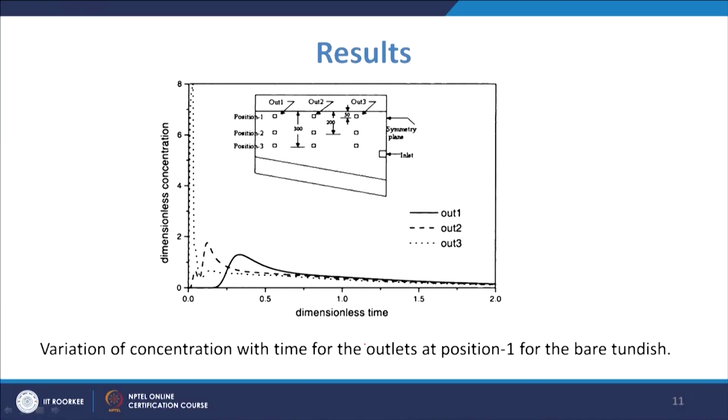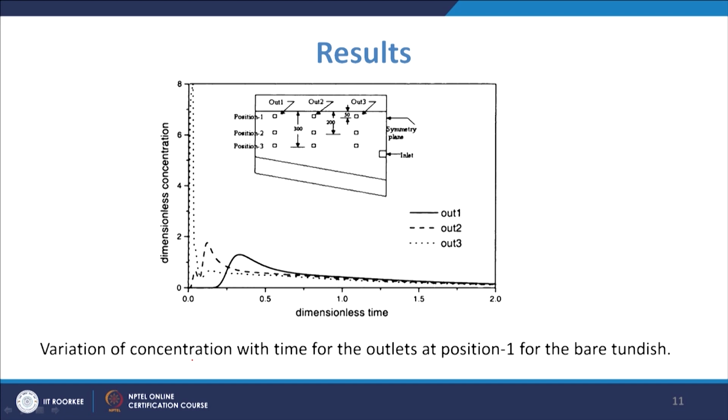Position 1, as you see, is near the inlet, near this wall, this side. This is also called a C curve. So, this is concentration with time, known as a C curve.